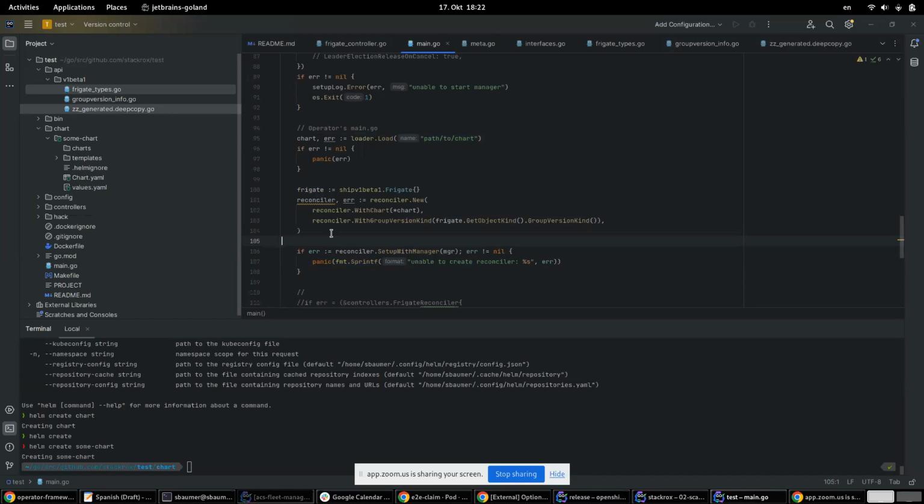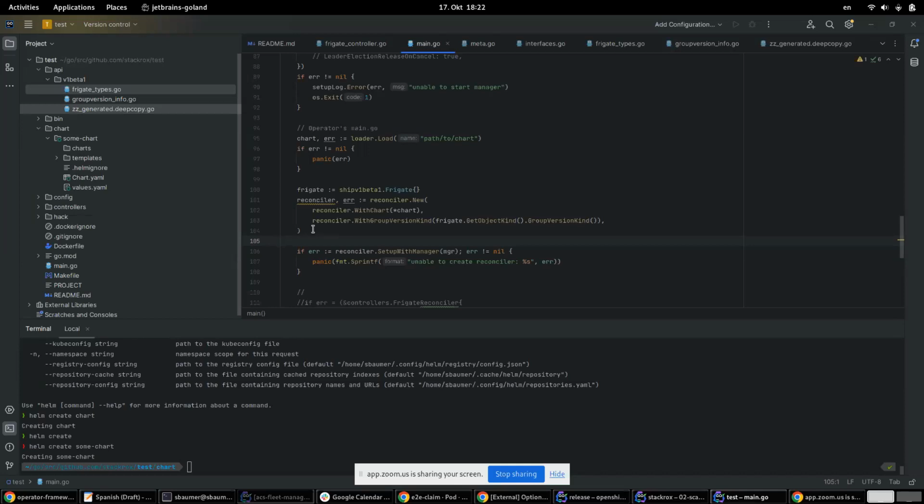Yeah, I can probably speak to that. I did very high level testing with the operator SDK, and we had a sample chart that had nested Helm charts within it, and it didn't like that structure for some reason.